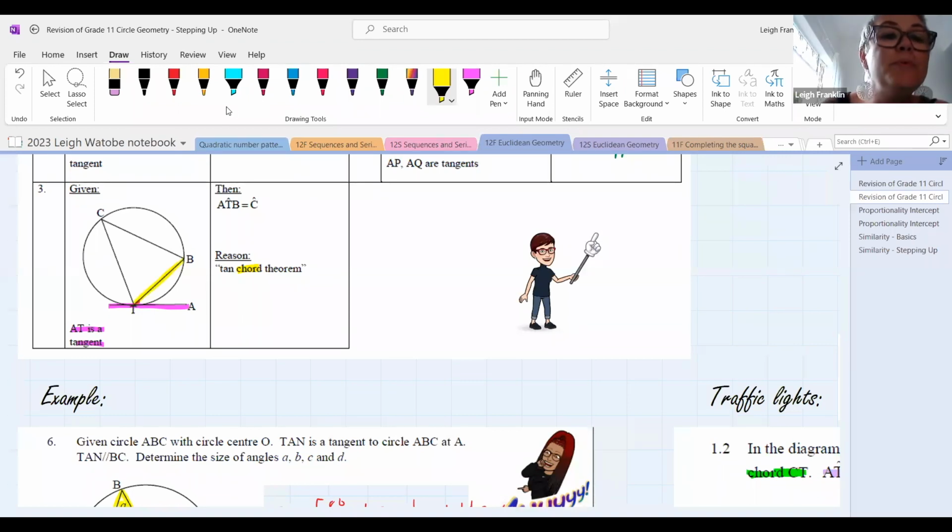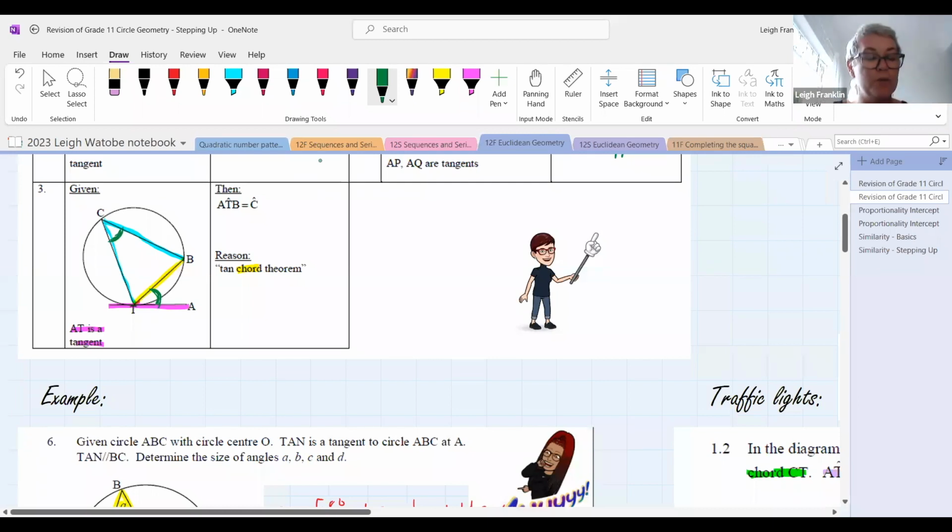And the angle between these two is this one that I'm drawing in green. There's the angle between the tangent and the chord. And it subtends an angle in the alternate segment, from T to C and from B to C at the circle. The angle over here, angle C, is the angle in the alternate segment.